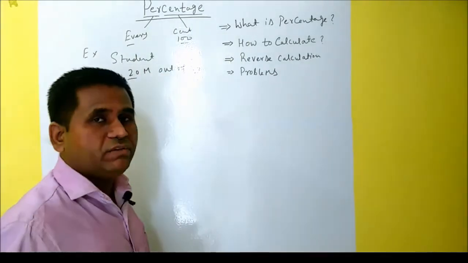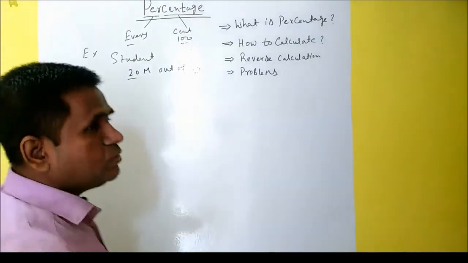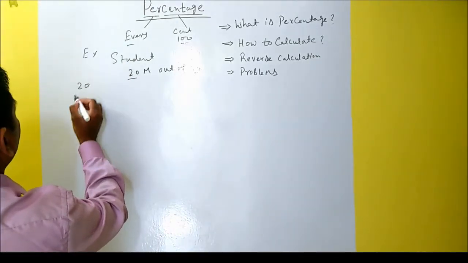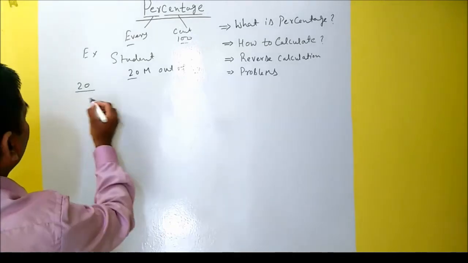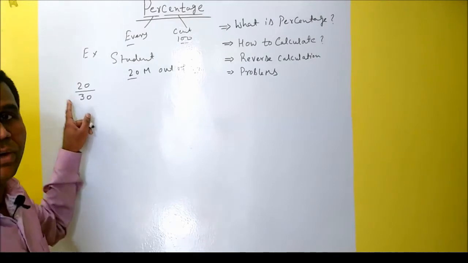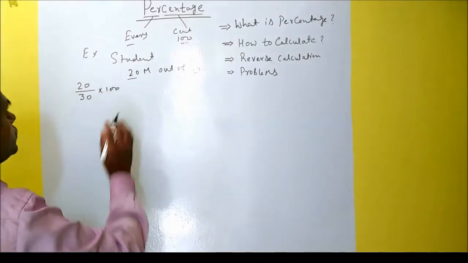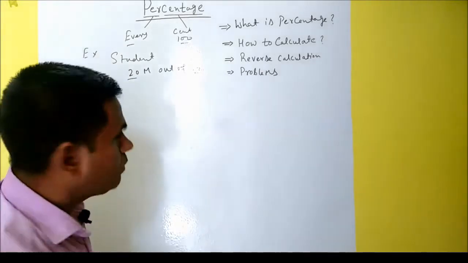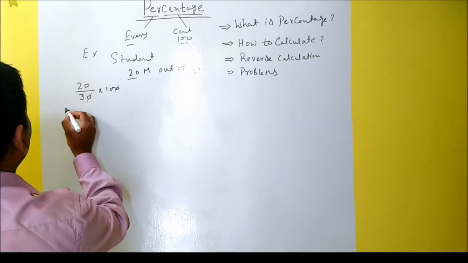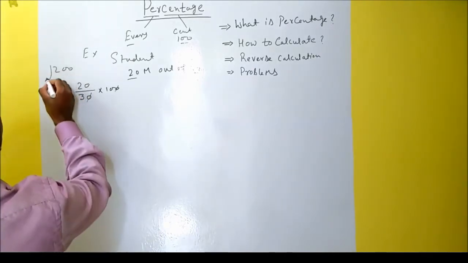There are many ways to solve this problem. I'll tell you two ways. First, you can use a formula: marks obtained, 20, divided by the total marks, 30, multiplied by 100. When you solve this, you will get the percentage. It becomes 200 divided by 3.